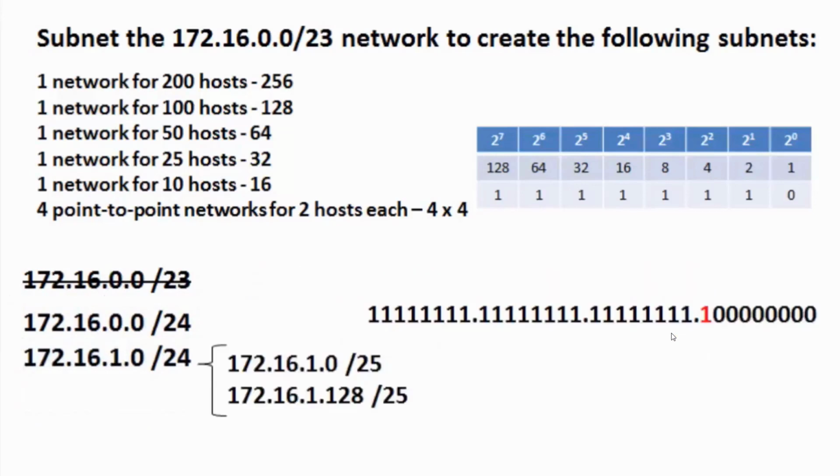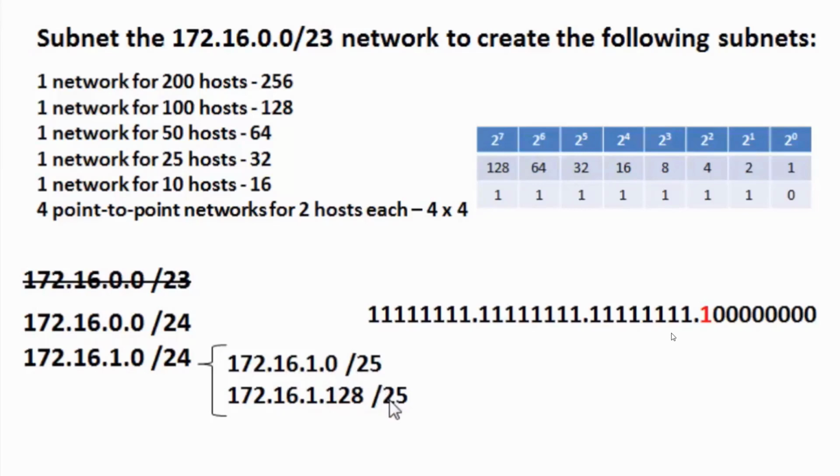To do this, I simply take this 172.16.1.0/24 subnet and change it from /24 to /25. So now I have the 172.16.1.0/25 subnet. This creates another subnet, 172.16.1.128.